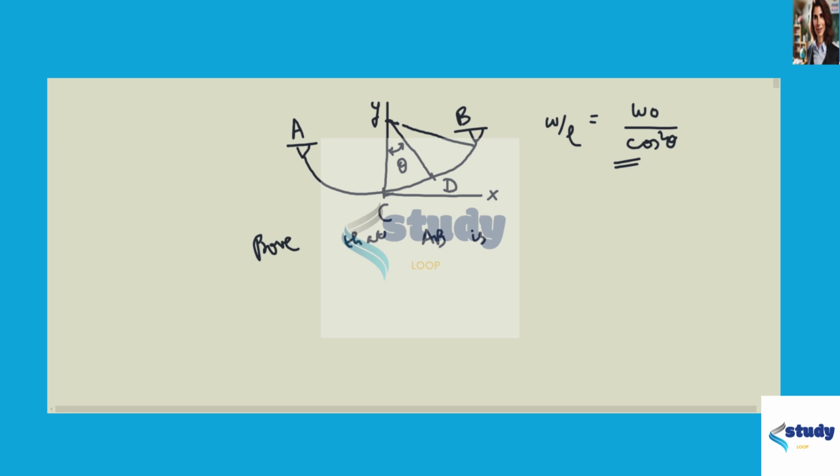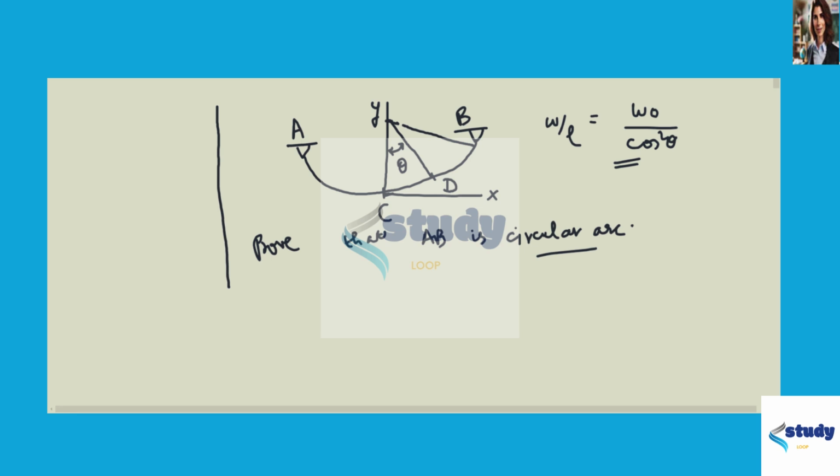We have to prove that AB is a circular arc.